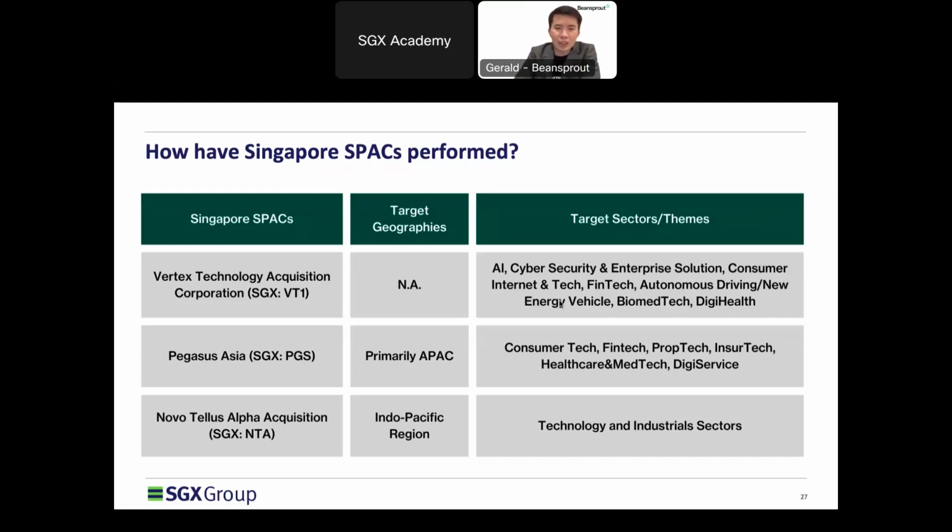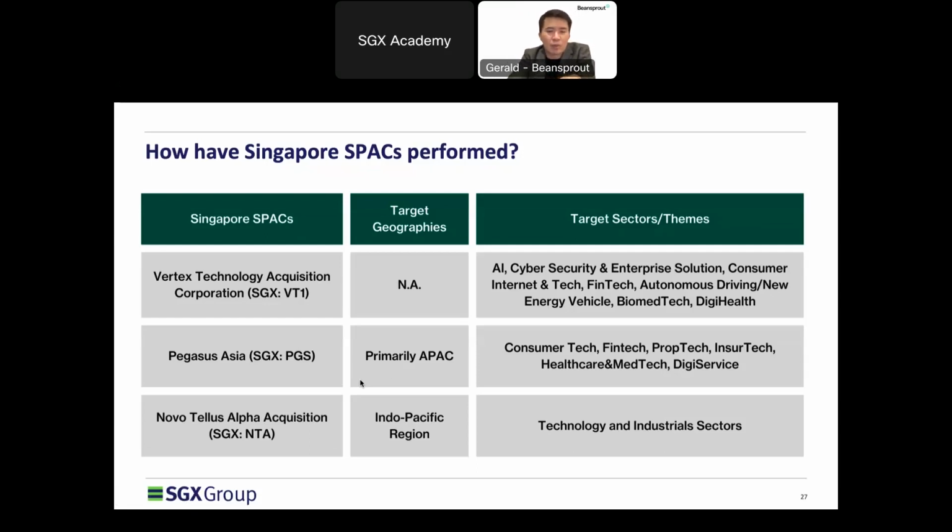Next, we have Pegasus Asia with the ticker PGS. At the point of the IPO, they had said that they wanted to target companies in the APAC region. And once again, a list of sectors that these companies can operate in, including consumer tech, fintech, proptech, insurtech, healthcare and medical tech, as well as digital service.